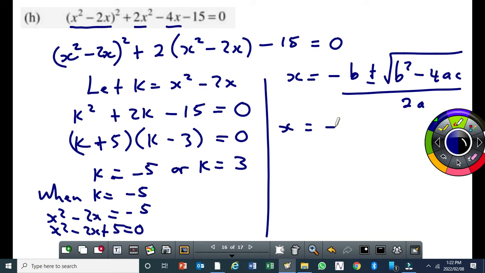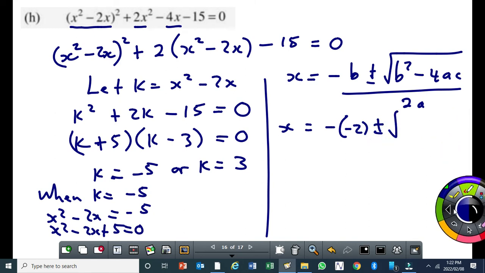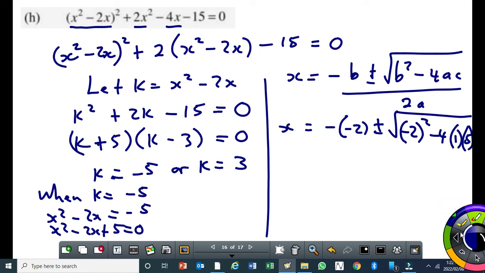This minus is the minus of the formula. The b is negative, so you put minus minus 2 plus or minus the square root of minus 2 squared minus 4 times 1 times c, which is positive 5. So this is over 2.